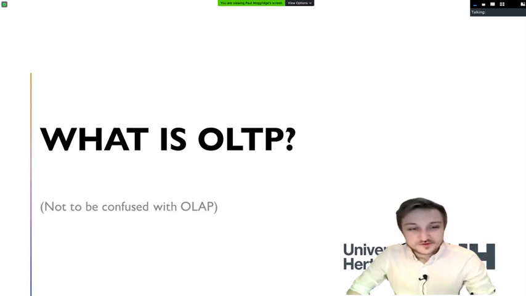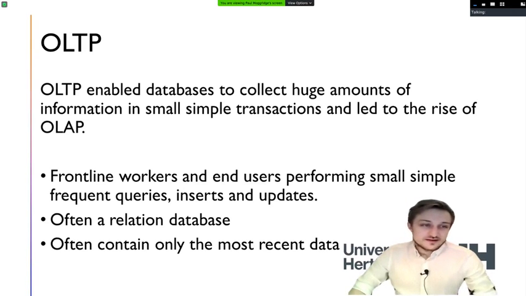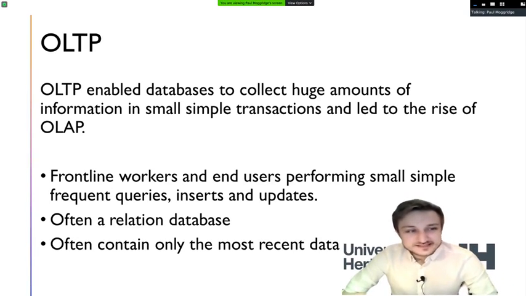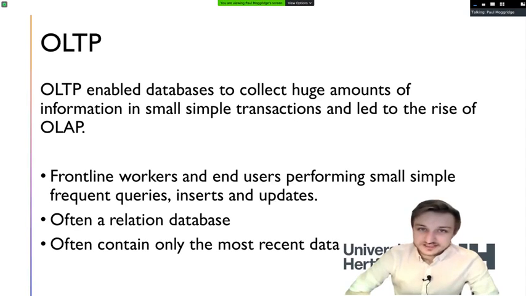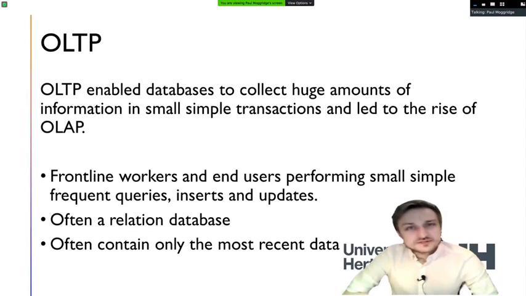So let's start with what is OLTP. OLTP is not to be confused with OLAP. OLTP stands for Online Transaction Processing. OLTP is what makes so many systems around you work today.